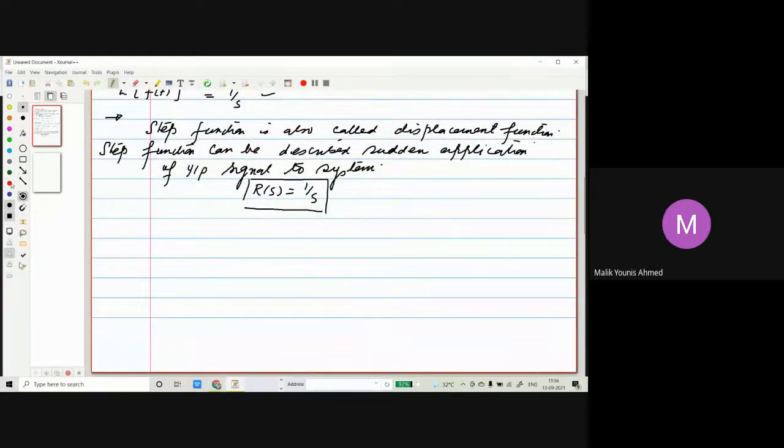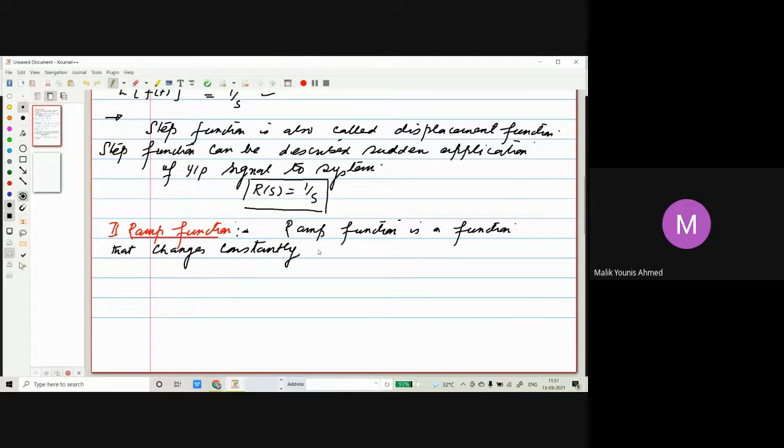Number two is your ramp function. We know the ramp function is a function that changes constantly with time.